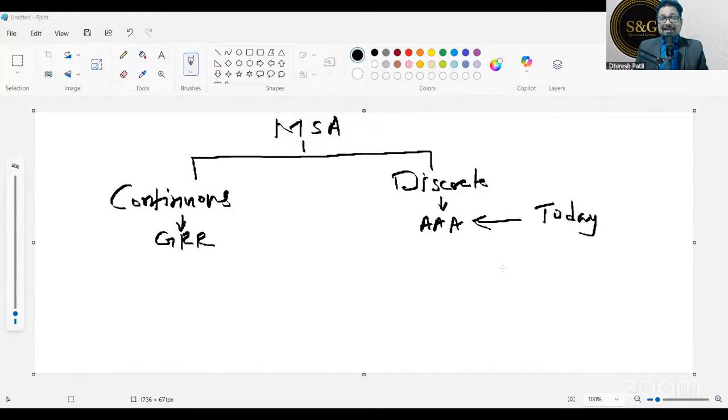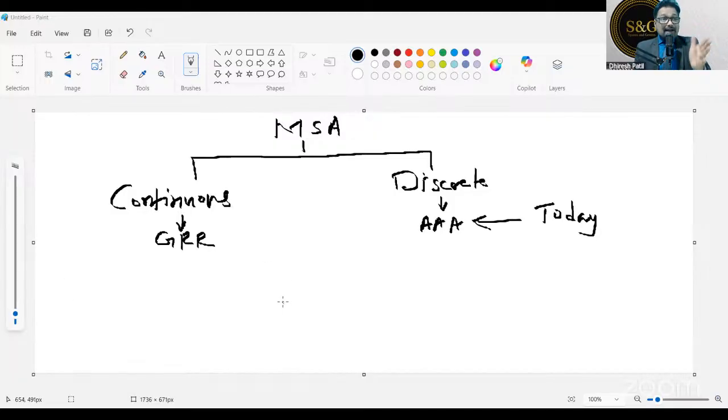All these come under the continuous category. What is continuous? Data which is continuous in nature, which can be measured on a continuous scale: 10.1, 10.2, 10.3, 10.4, 10.9, 11, 11.1. It can be shown in decimals. That is continuous data.